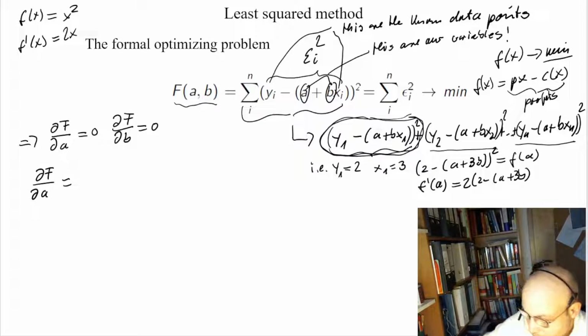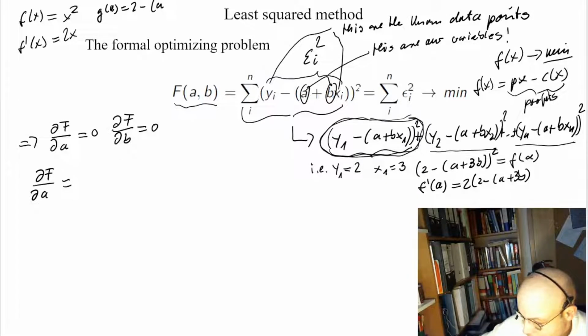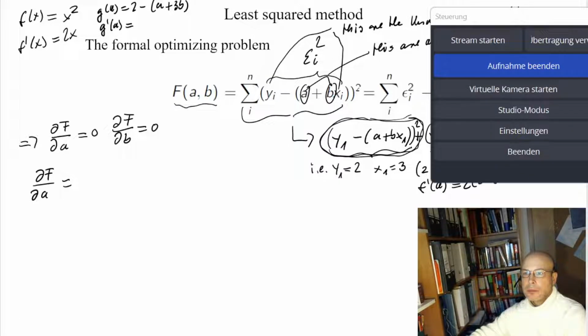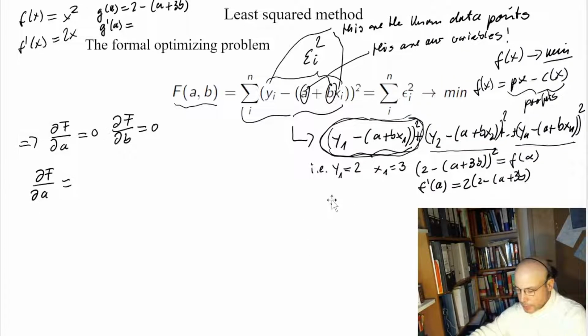So if you think of your function g of a would be 2 minus a plus 3b, what is then g prime of a? So in this case, it is just minus 1.